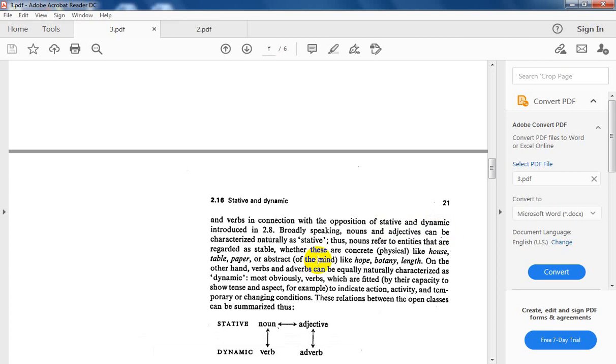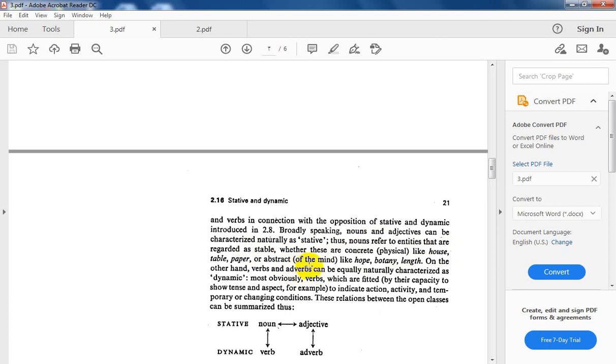Broadly speaking, nouns and adjectives can be characterized naturally as stative. Why? Nouns refer to entities that are regarded as stable, whether these are concrete, like house, table, paper, or abstract, like hope, botany, lamp.